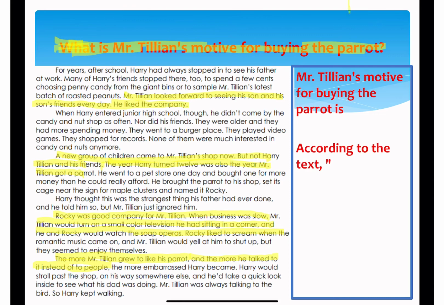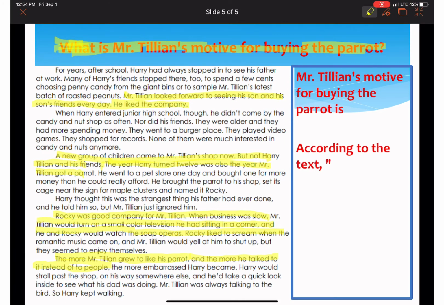So this is where you'd start. You're going to start by saying, Mr. Tillian's motive for buying the parrot is that he was lonely.